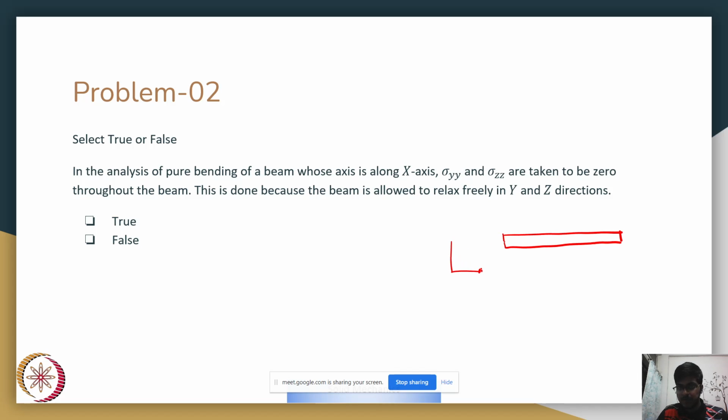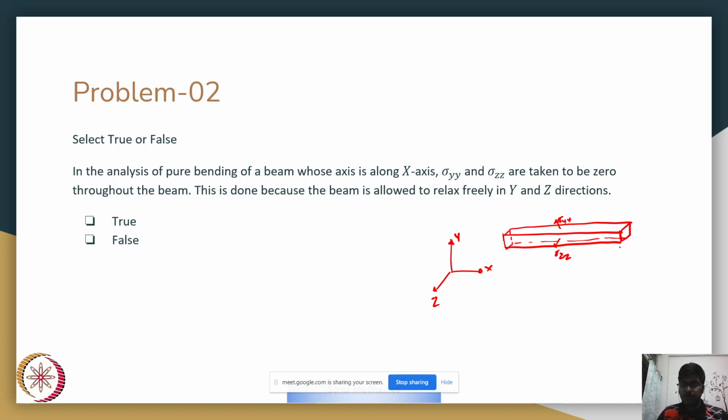This is your beam, x, y and z, and this is the geometry, and we are asked about sigma yy and sigma zz throughout the beam.